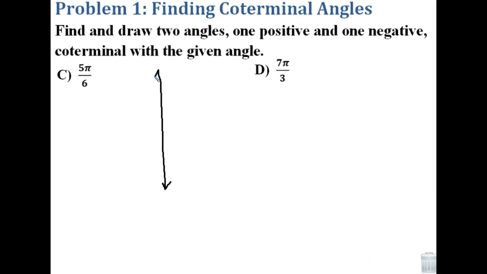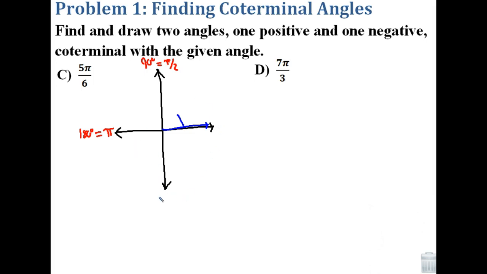So same idea, I'm going to draw my angle in standard position, starting along the positive x and rotating up because we have a positive radian measure. Now the thing to remember about radians is that 180 degrees is equal to pi radians, meaning that 90 degrees will be equal to pi over 2.